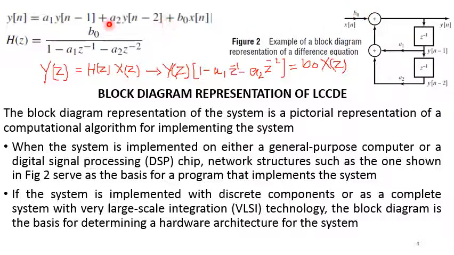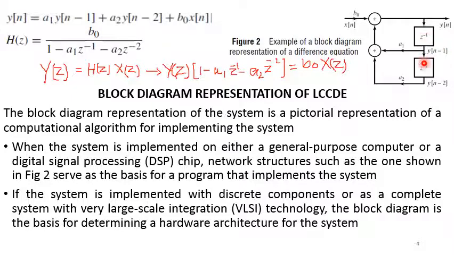Then this goes to the adder. So in the adder, we have the previous value of the output scaled by a factor of a1. So this is the output. The output is delayed by 1 unit and scaled or multiplied by a1. So we get a1 y[n minus 1].